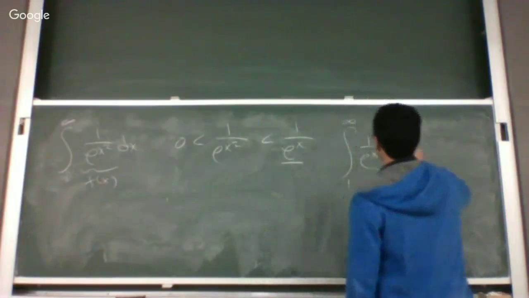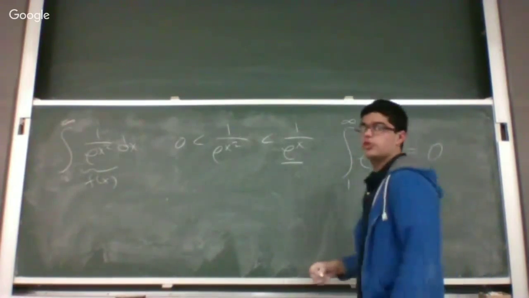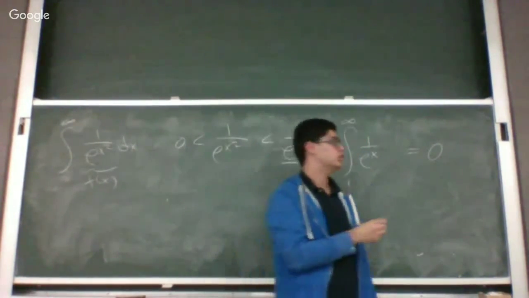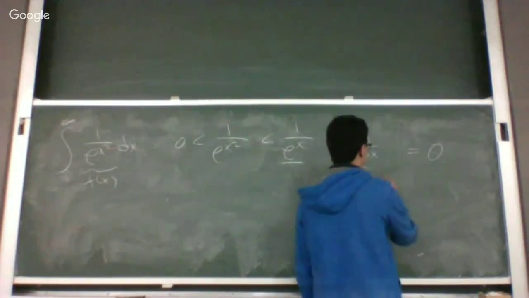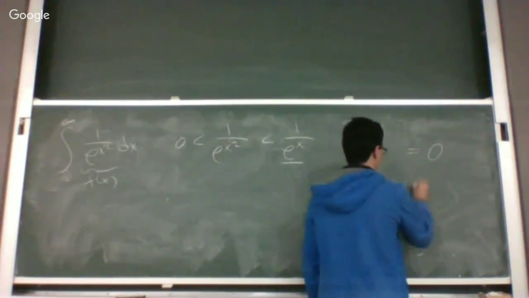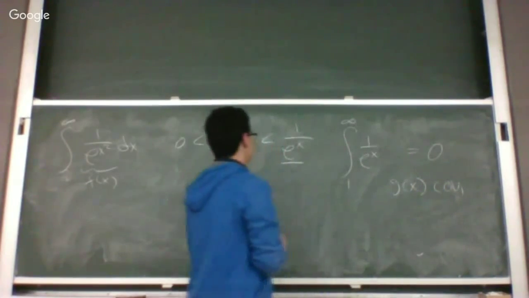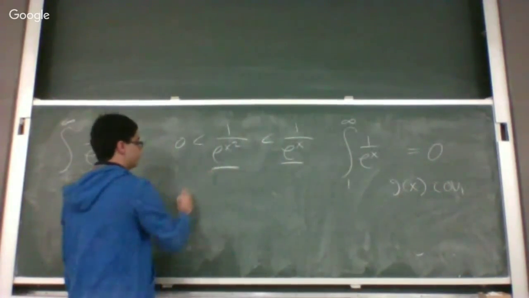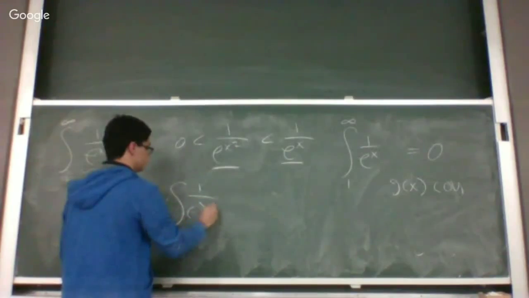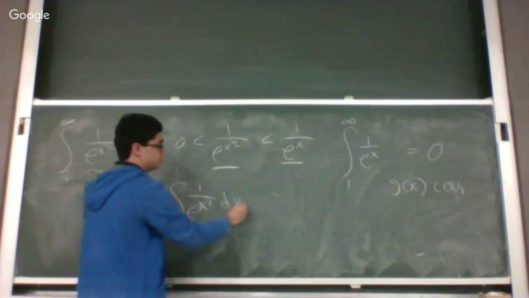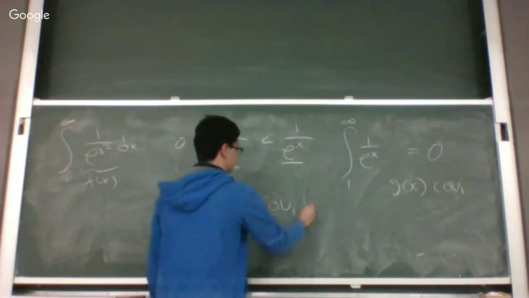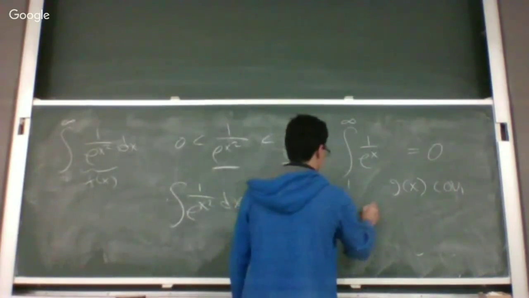Yeah. Was equal to 0. So then this meant that g of x converges. So then the smaller function, the integral of 1 over e to the x squared dx, converges by the direct comparison test.